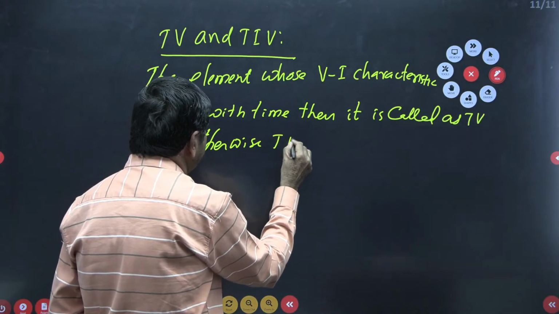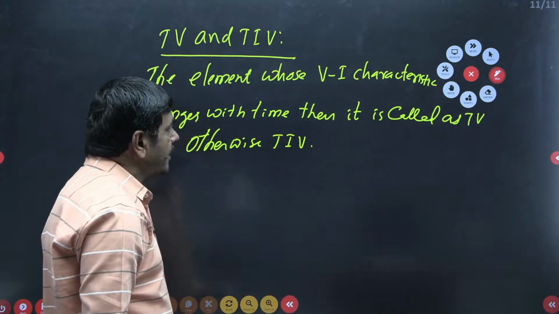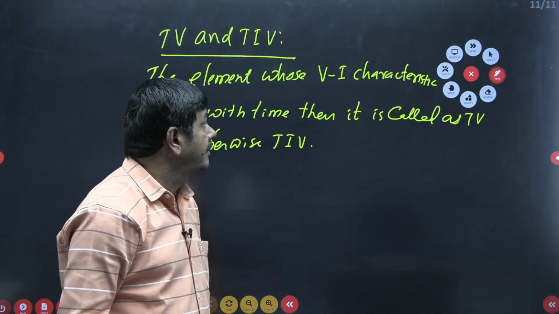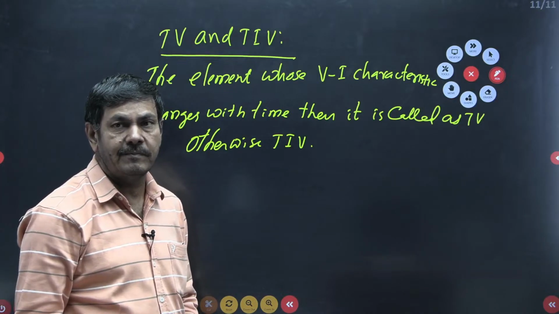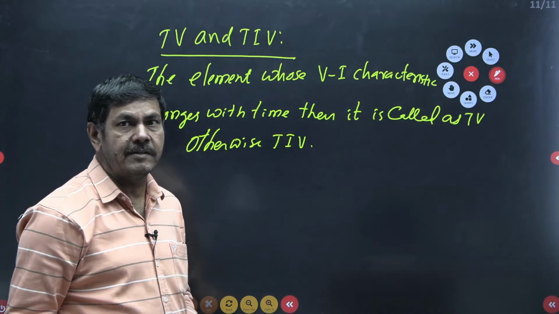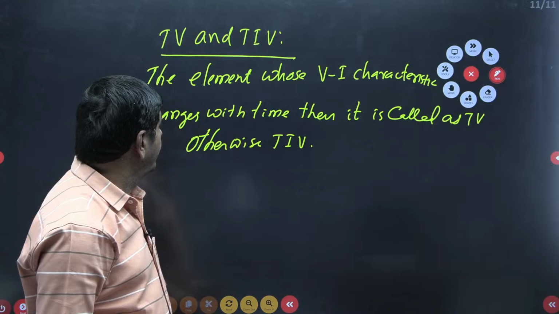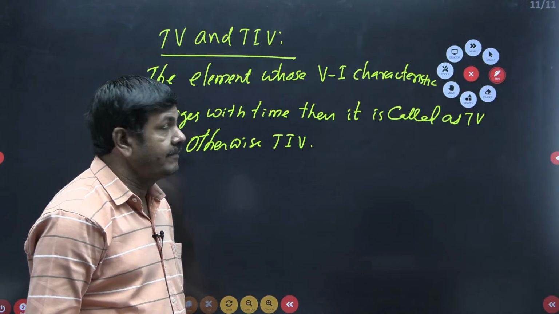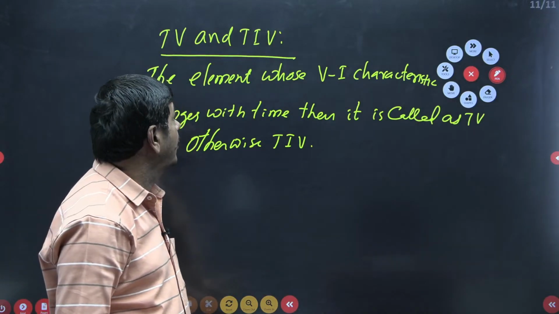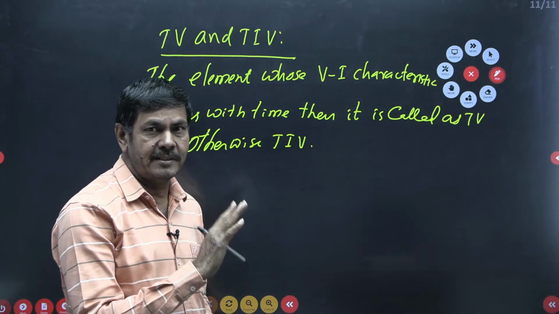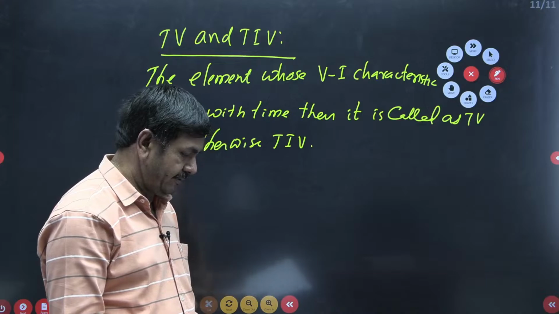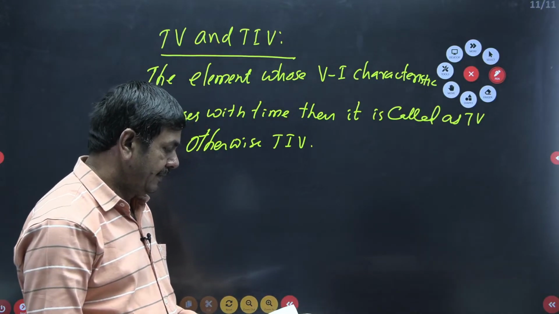With the change of time, if the VI characteristic curve of the element changes, it is time variant. Even with the change of time, if we cannot find any change in the VI characteristic of the element, we call it time invariant. That is mostly discussed in signals and systems. Here there is no need to go beyond that limit. Understand my point.